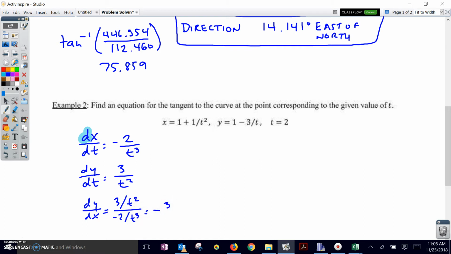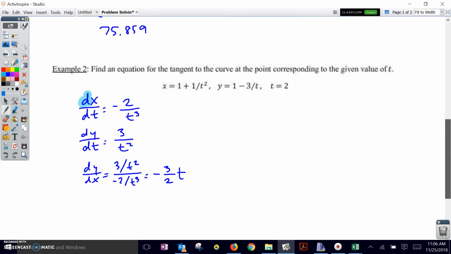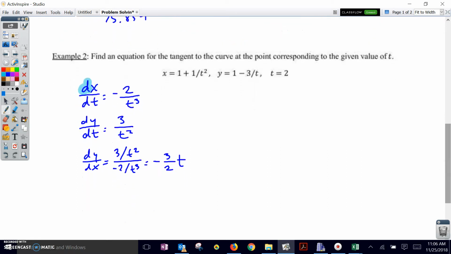It's going to be negative 3/2 t. And so the slope of the tangent line to the curve is going to be this value evaluated at t equals 2. So my slope is negative 3. Now in order to write the equation for the tangent line, I still need the x-coordinate and the y-coordinate of the point.